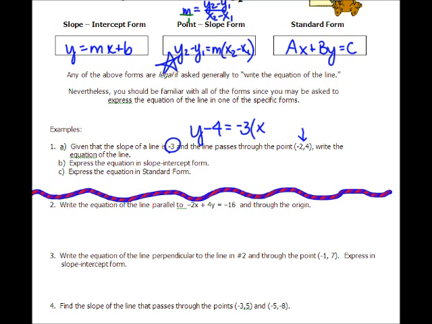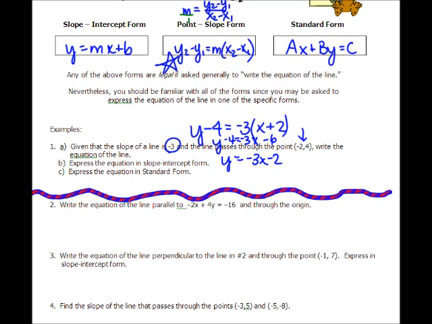I'm going to use the general coordinate x plus 2. And then I would simplify that to y minus 4 equals -3x minus 6, and I would move my constant to the other side. So y equals -3x minus 2.